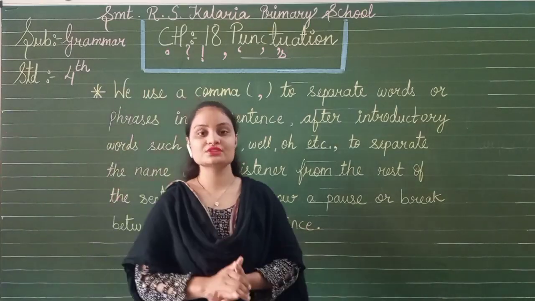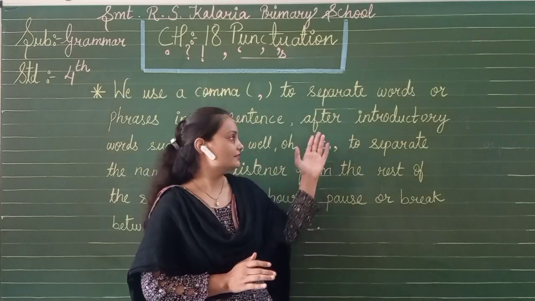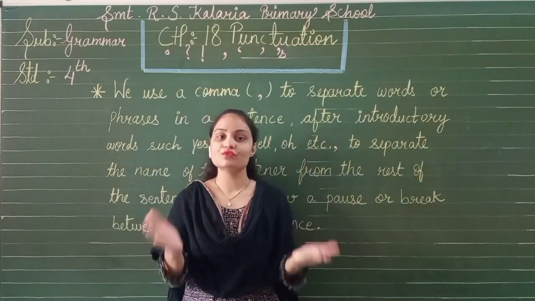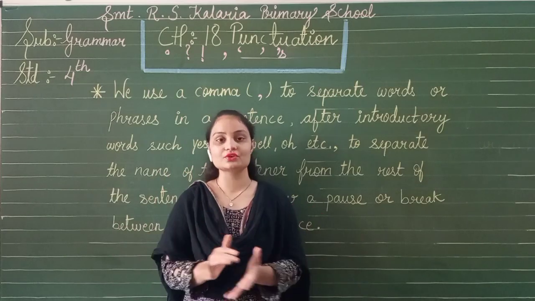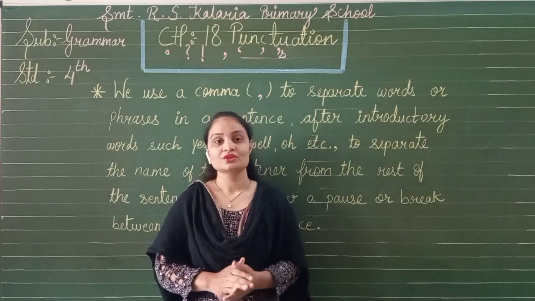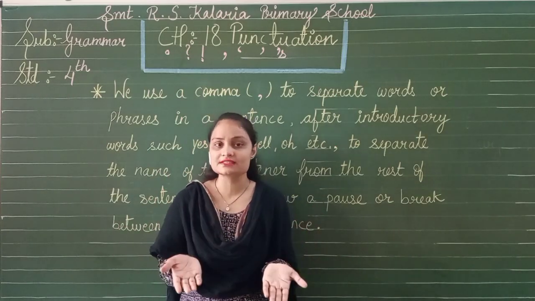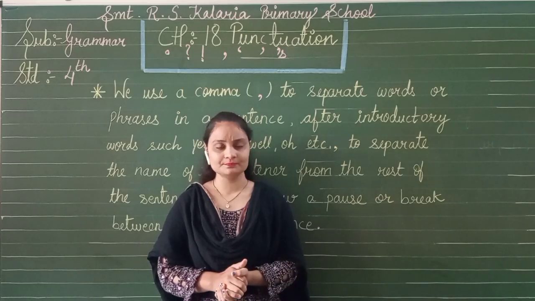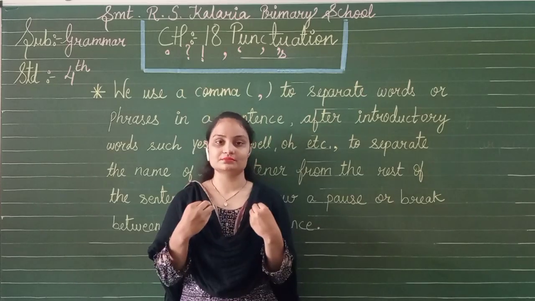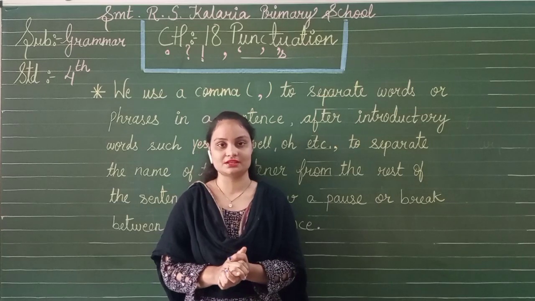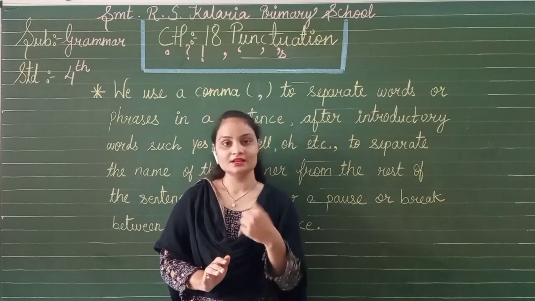Now, where are we using this comma? So here we have seen, to separate the series of words, we are using a comma. To separate the name of the listener. Now what is this listener? When I am speaking something and you all are hearing something, at that time you all are the listener.